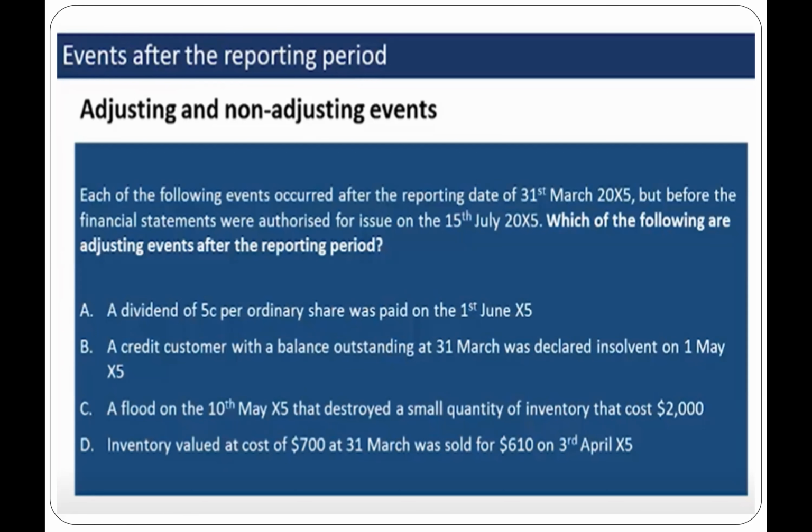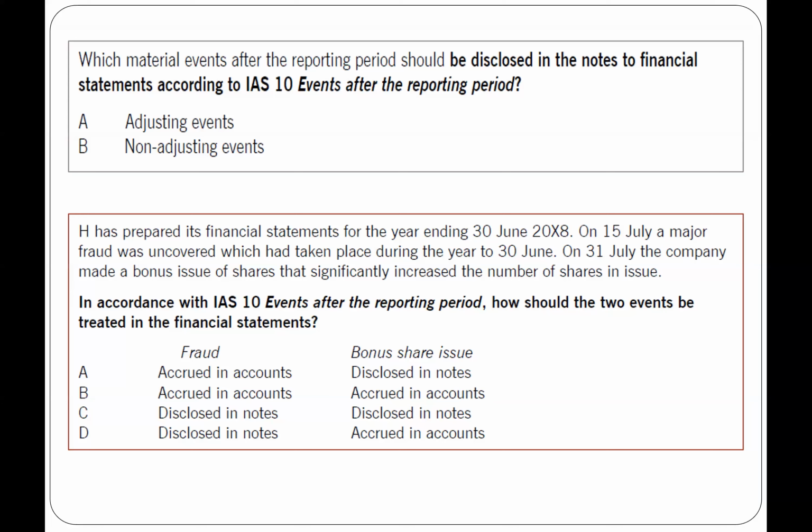So it means we need to go and adjust our inventory by crediting inventory with $90. That is a reflection of the reduction in the amount due to the cost being higher than the net realizable value, and then we expense the other leg. So that's basically the thought process when you're answering these multiple choice questions.